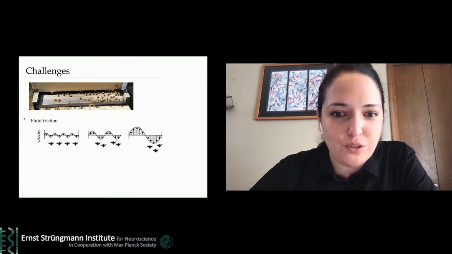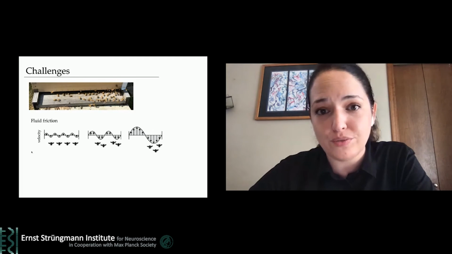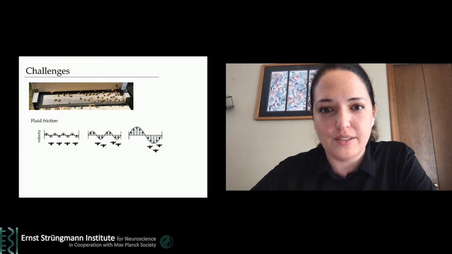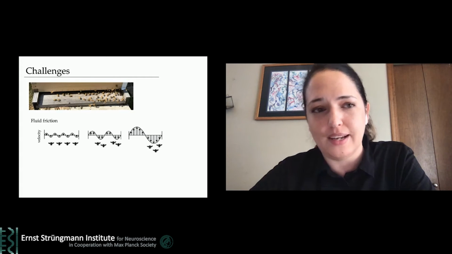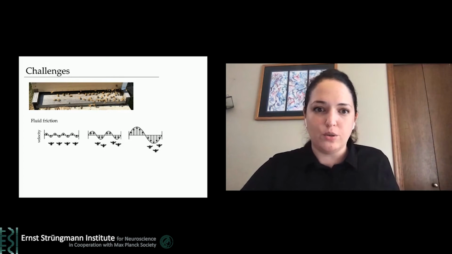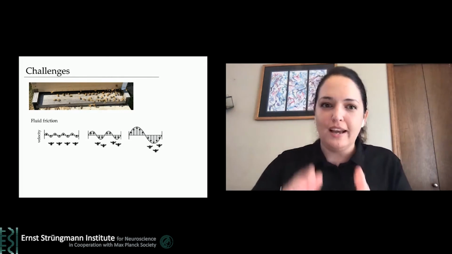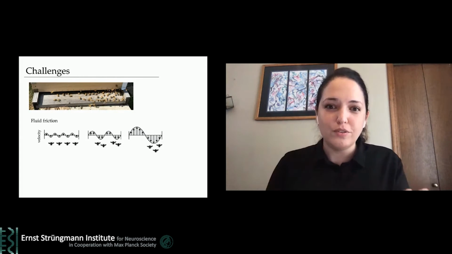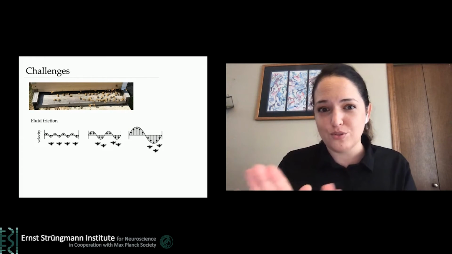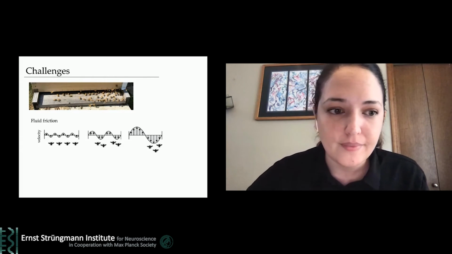The challenges that occur during this process, one is related to fluid friction. So let's say that we have a group of bees that are fanning at one side of the entrance. There's going to be opposing airflow that is coming due to the conservation of mass. So we'll have an interface between opposing flows, and every time we have an interface between opposing flows, we're going to lose some energy due to friction.